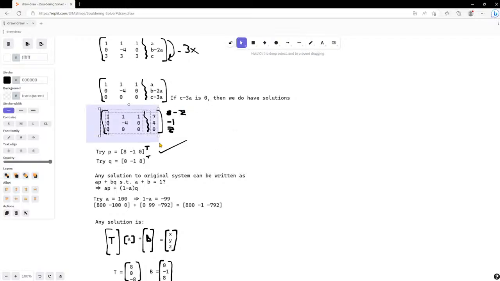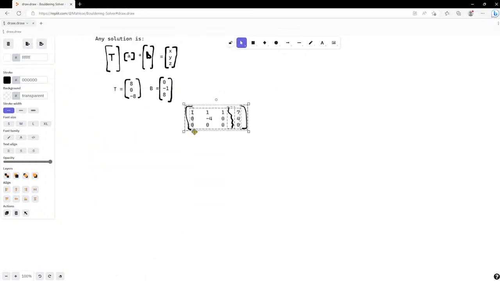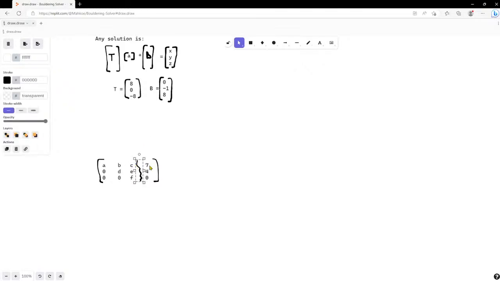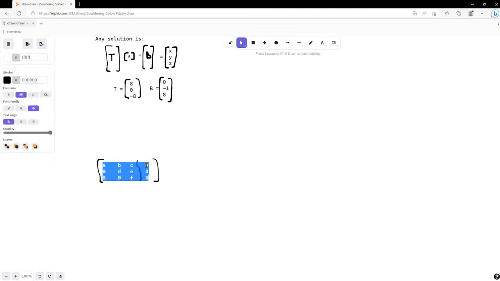Okay, let's say in the reduced row form, we just have an upper triangular matrix. So now I'm running out of variable names here, so just forgive me. I'm just going to say A, B, C, D, E, and F. And then here I'll just call this, I don't know, I need more variables.